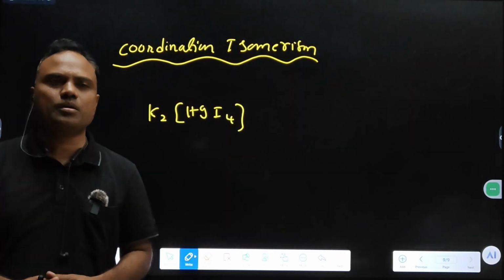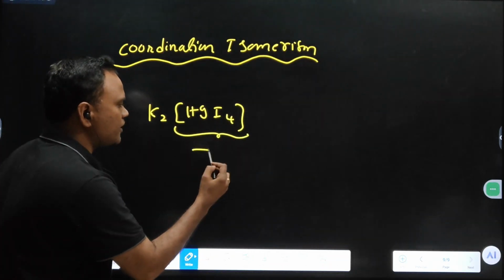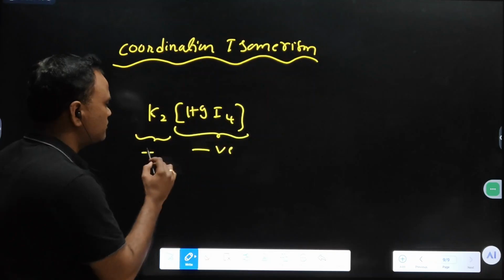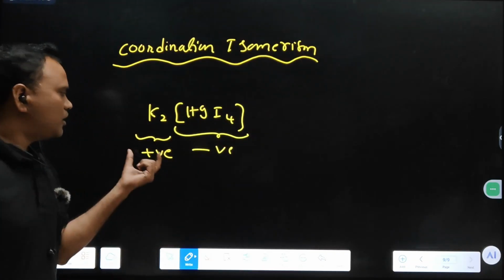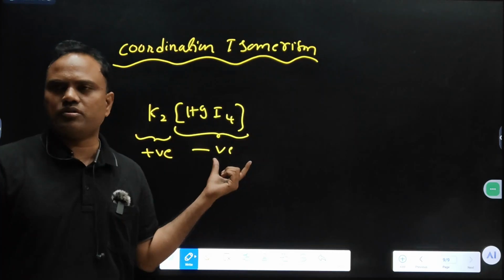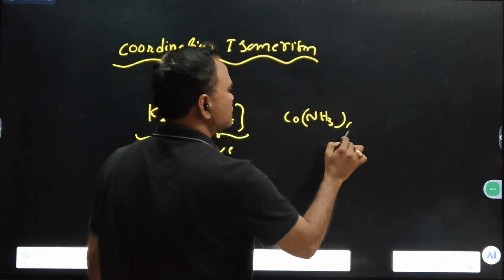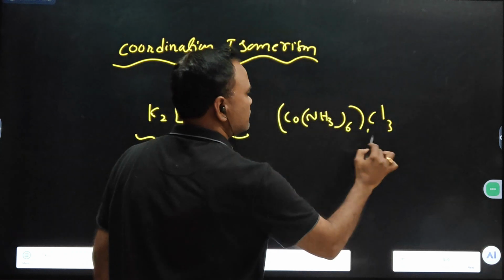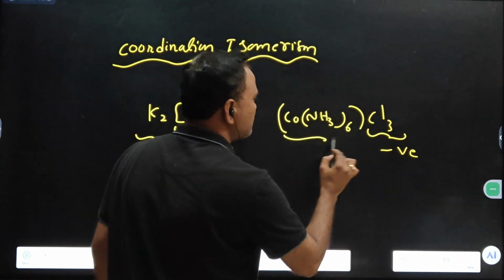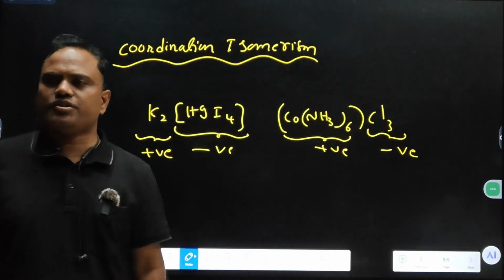How many spheres are present? One sphere is present. Is this positive or negative? Negative. Here positive is not the coordination sphere, but here negative is the coordination sphere. Here positive is the coordination sphere, negative is the ionization sphere.